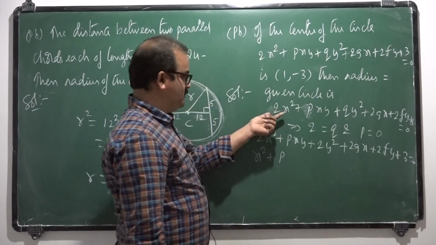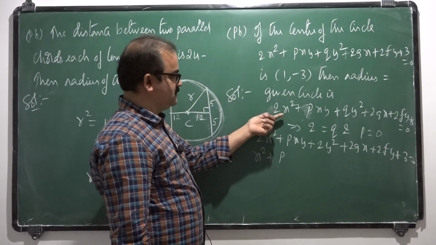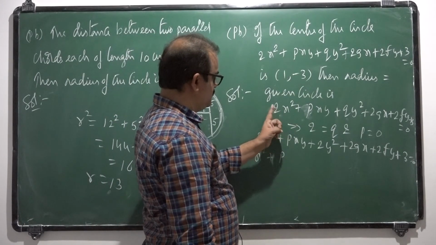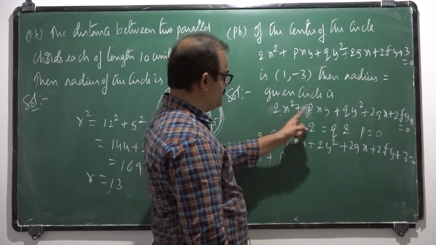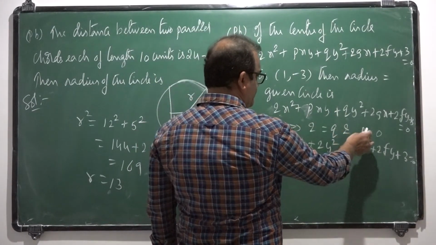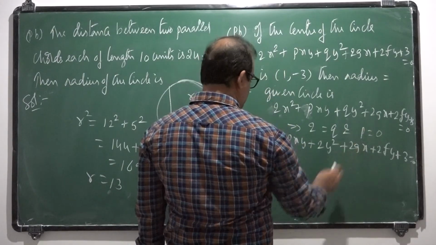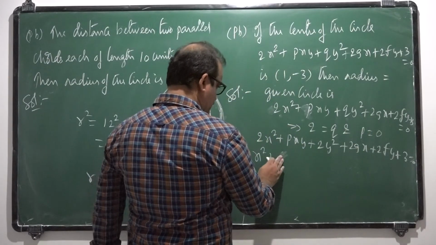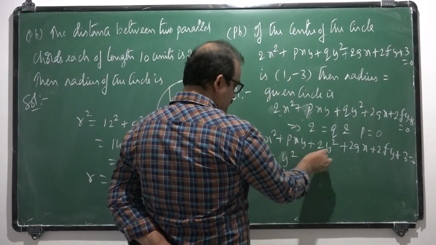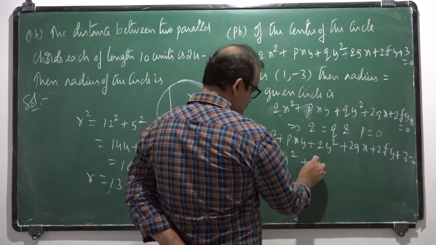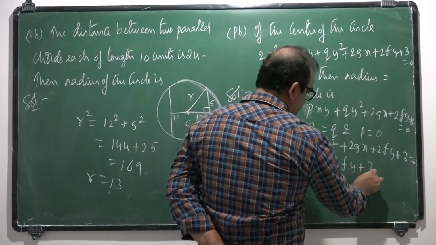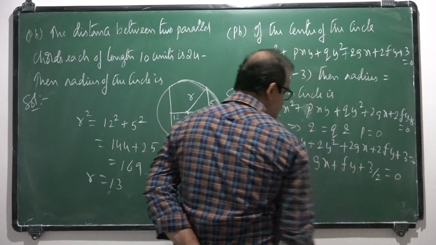If any general equation of second degree represents a circle, coefficient of x square is equal to coefficient of y square and coefficient of xy is equal to 0. So second term becomes 0, plus y square, taking 2 common, plus gx plus fy plus 3 by 2 is equal to 0.